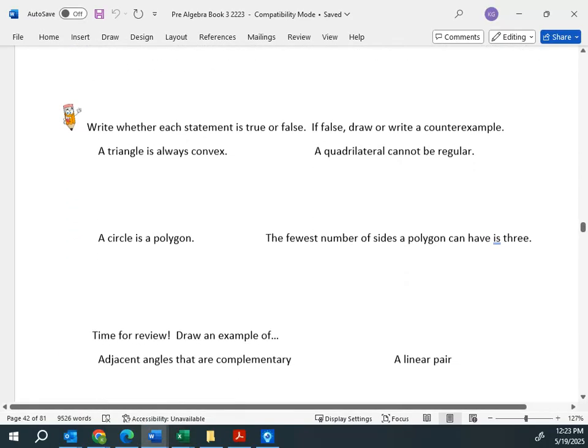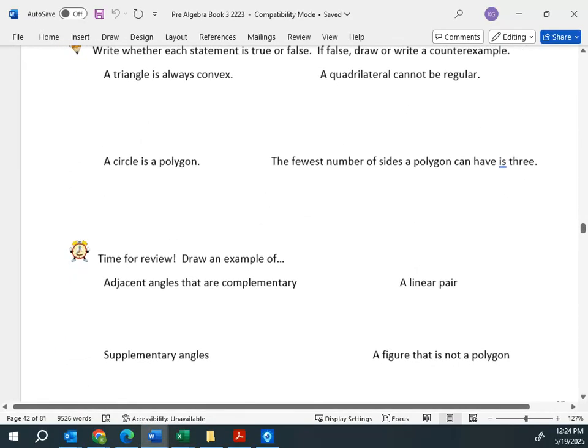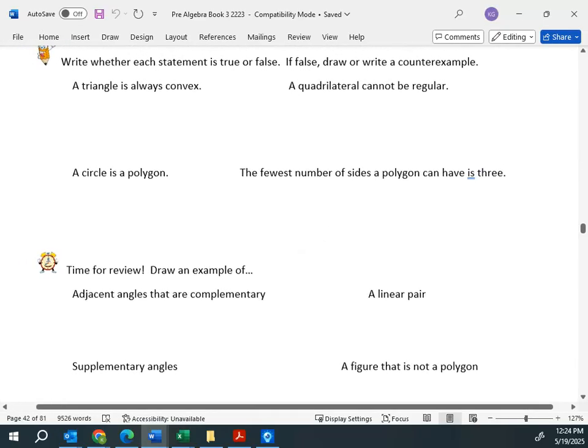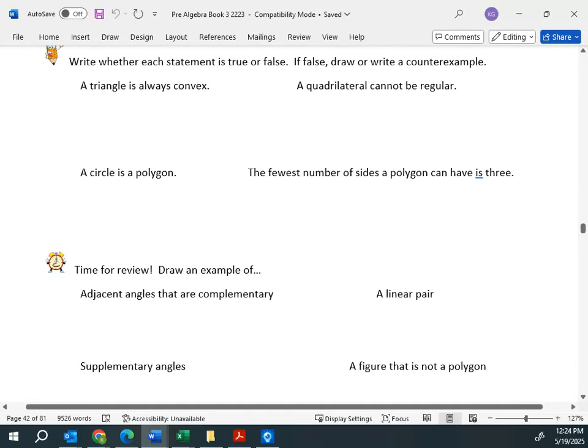And then write whether each statement is true or false. If it is false, draw or write a counter example. So a triangle is always convex. Can you give me a concave triangle? Or is a triangle always going to be convex? So it's either true or false.